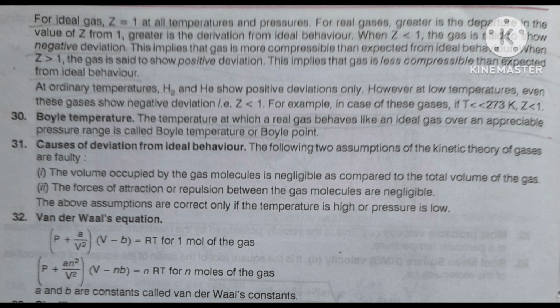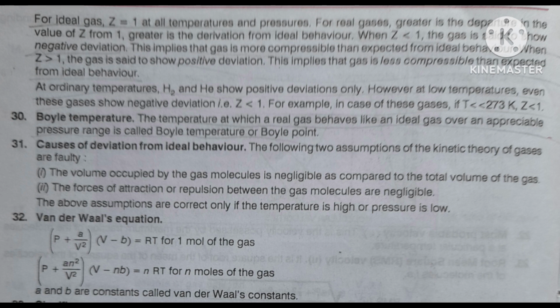V is length into length, that's why you write L square. And this is divided by n square, meaning mole square. Here P into V square divided by n square, n is the number of moles.